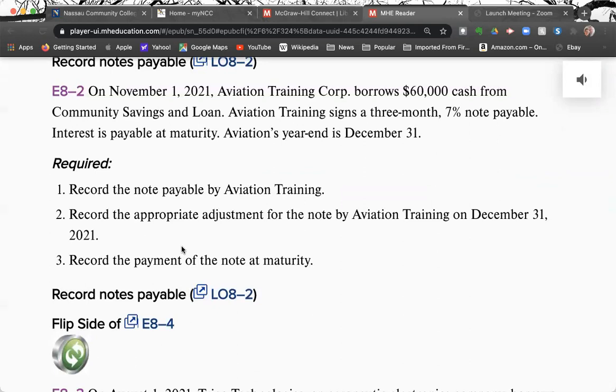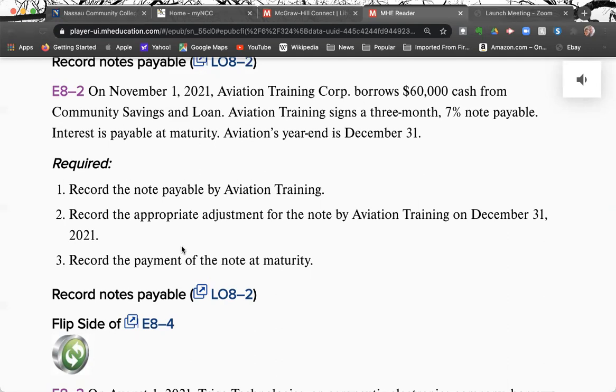On November 1st, 2021, Aviation Training Corp. borrows $60,000 cash from Community Savings and Loan. Aviation signs a 3-month 7% note payable. Interest is payable at maturity. Aviation's year end is December 31st.